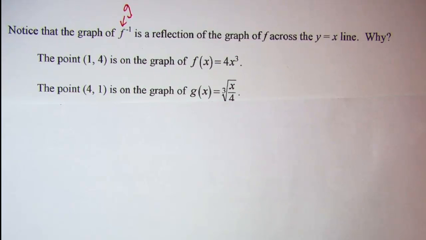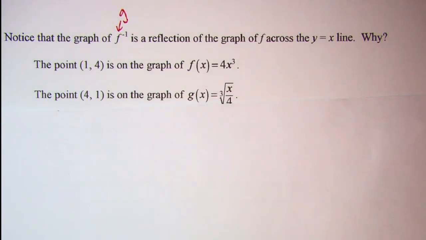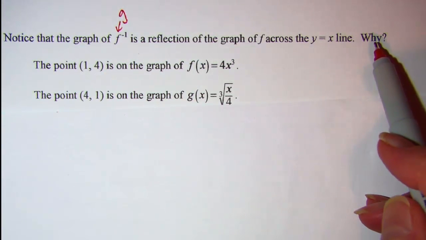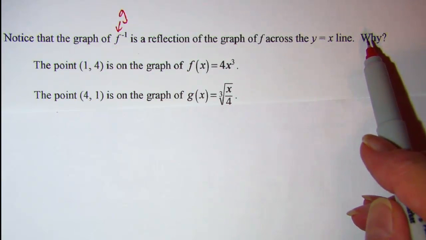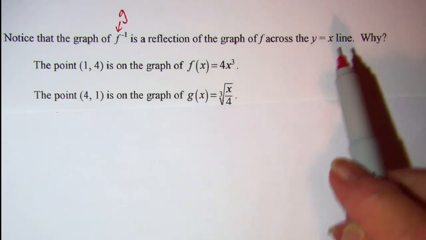Alright, so why is that? Why is the graph of g a reflection of the graph of f along the y equals x line? Well, remember that the way we found the inverse was we replaced x with y.